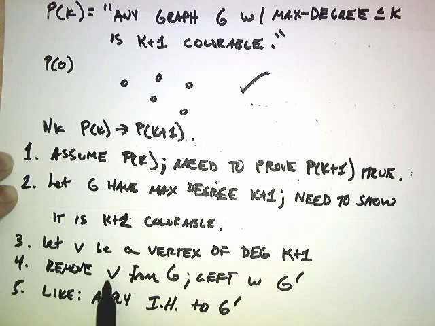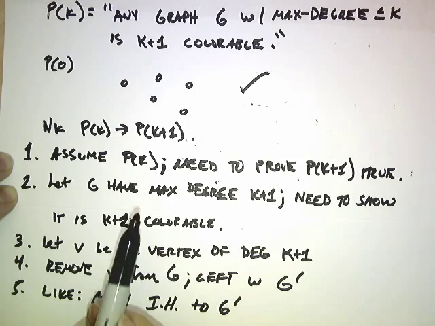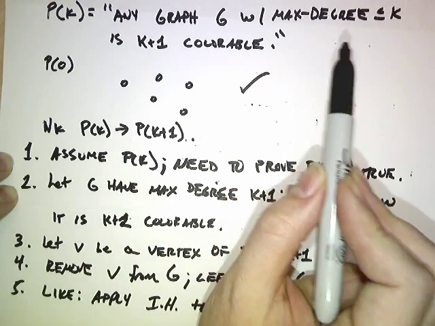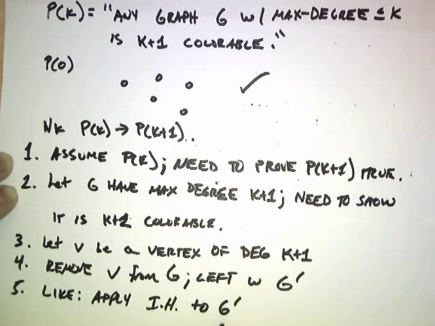So just because you've removed one vertex from G doesn't mean that you've decreased the maximum degree in G prime. I mean, if I have two vertices in G that have degree 10, and I remove one of them, G prime still has degree 10. So the inductive hypothesis, which talks only about graphs that have max degree k, doesn't necessarily apply to G prime because the maximum degree hasn't necessarily gone down. And so we can't directly apply the inductive hypothesis to G prime.